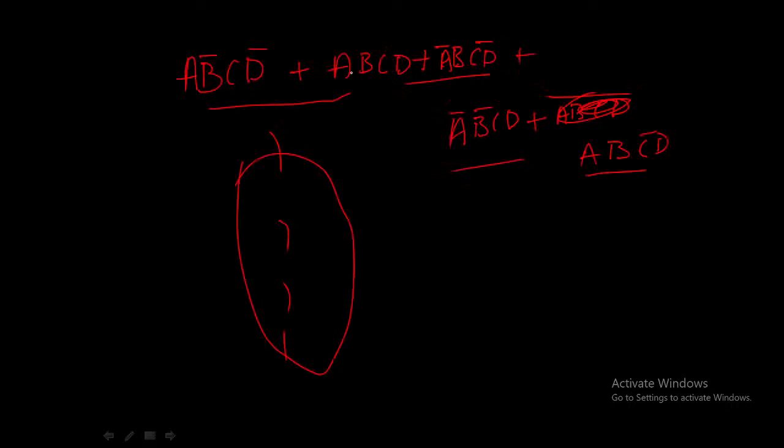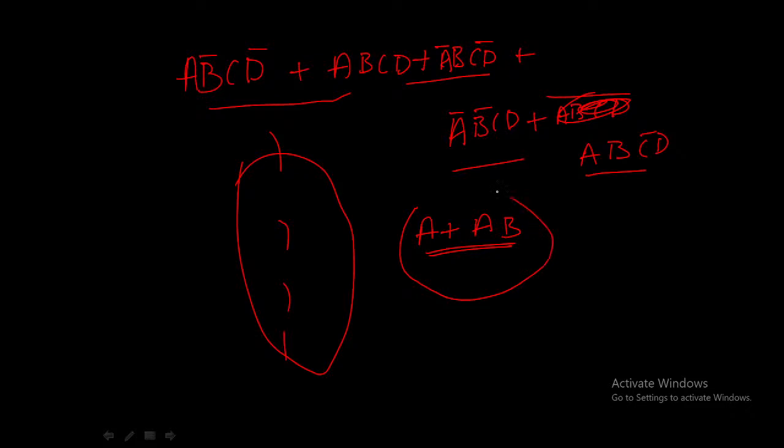Basically, this K-map is also used to find input variable redundancies and to reduce the output Boolean equation. Let's say suppose we have a plus ab.